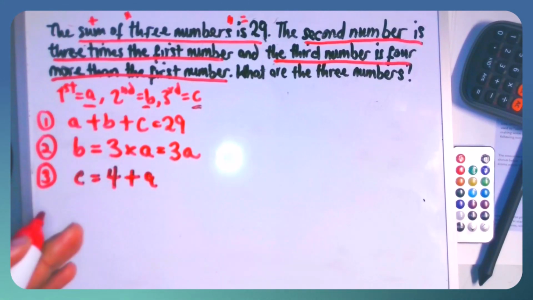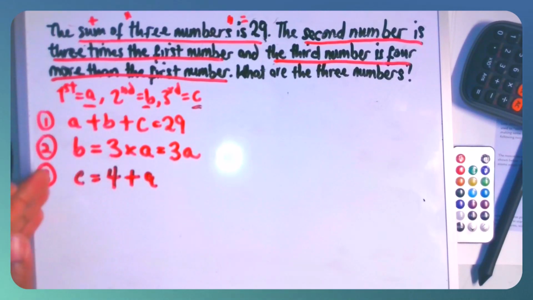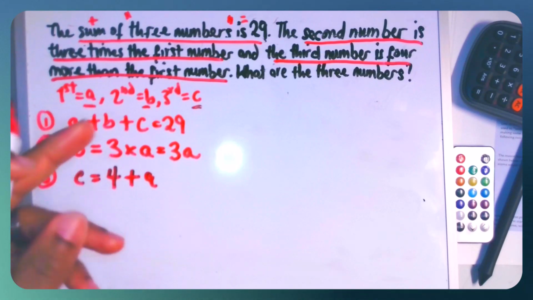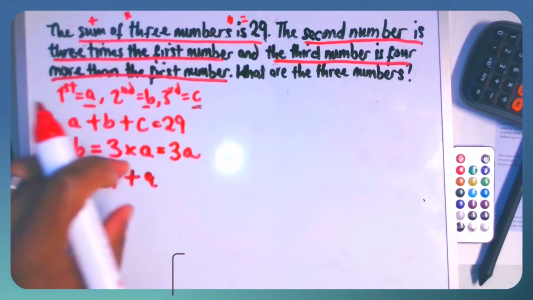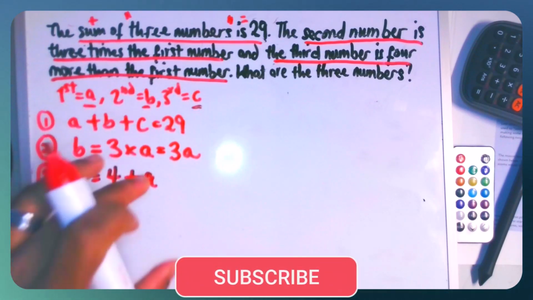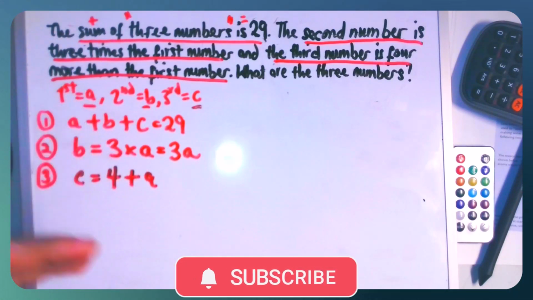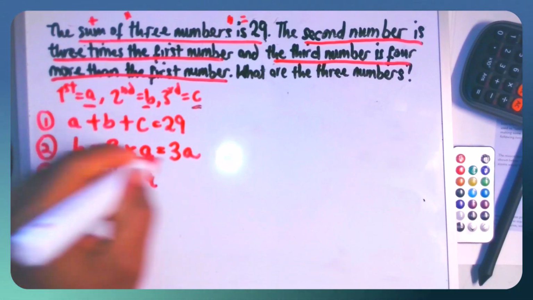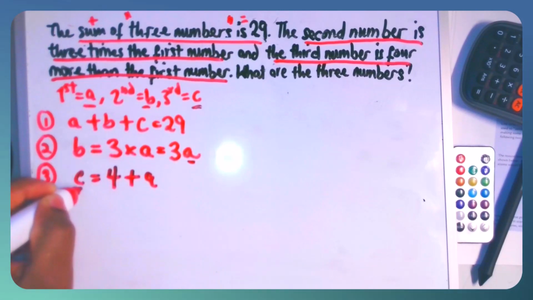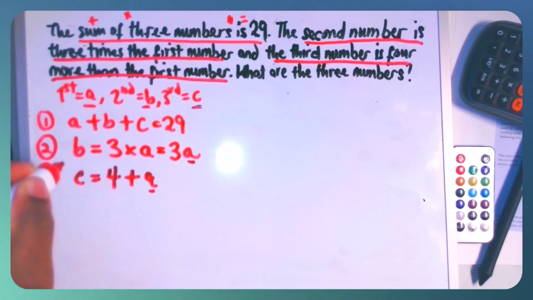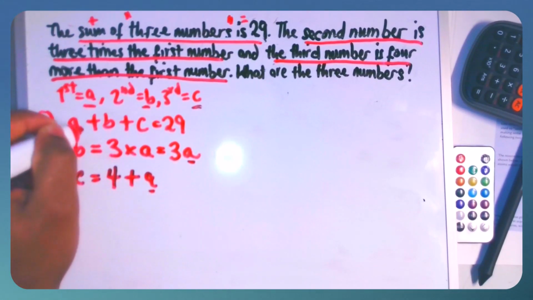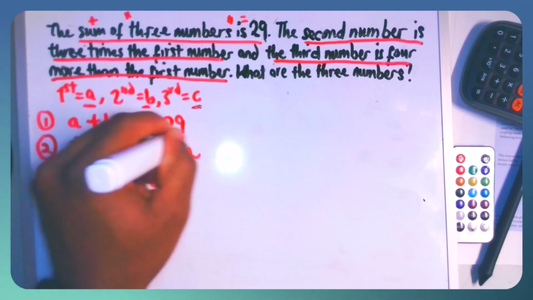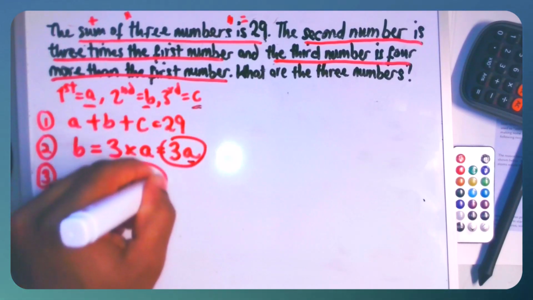And so what we realize here, after developing our three expressions, is that two of these three expressions have a common variable that we can put in the first equation. In this case, our B relates to A and our C relates to A. Therefore, where I see B and C in equation 1, I put in the expression that represents those letters.